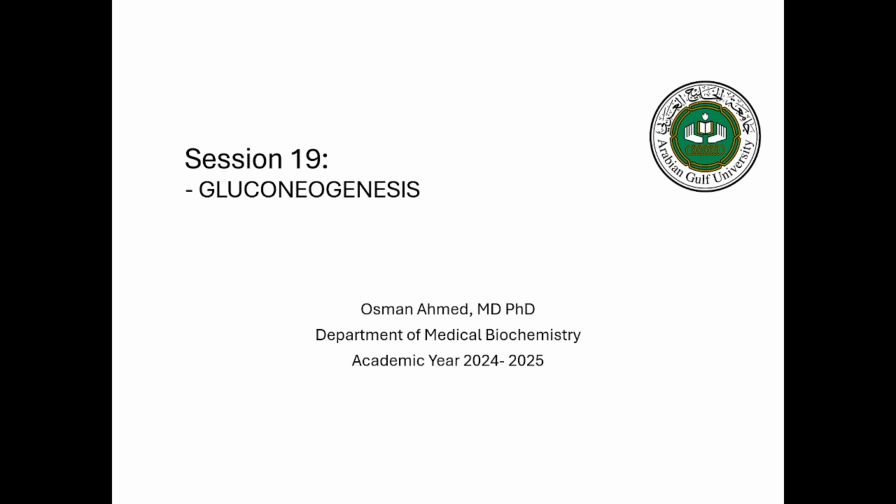It starts with a condensation reaction between oxaloacetate and acetyl coenzyme A to produce citrate. We talked also about the connection between aerobic glycolysis and the citric acid cycle.